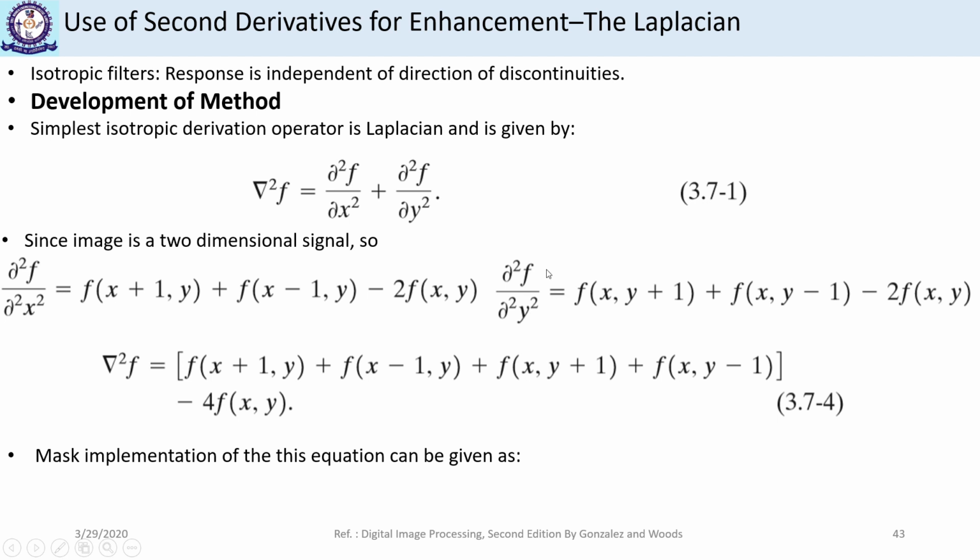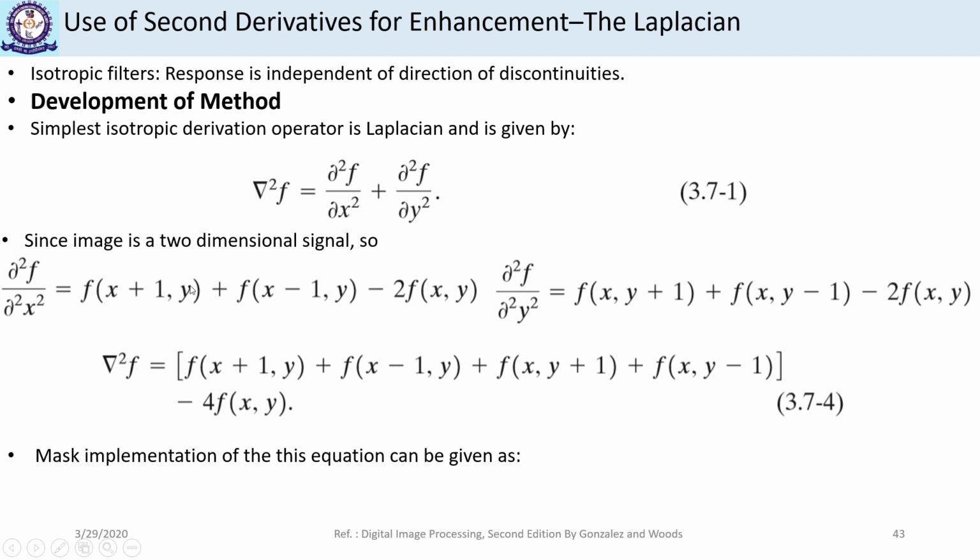Similarly we can write del 2f by del y square, that is equal to f(x, y+1), that is the future instance, plus f(x, y-1), that is the previous instance, and f(x, y) is the current instance, so two times of this is subtracted. Now the Laplacian operator is the summation of these two.